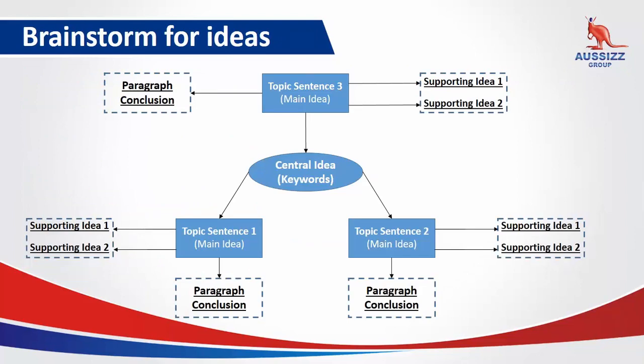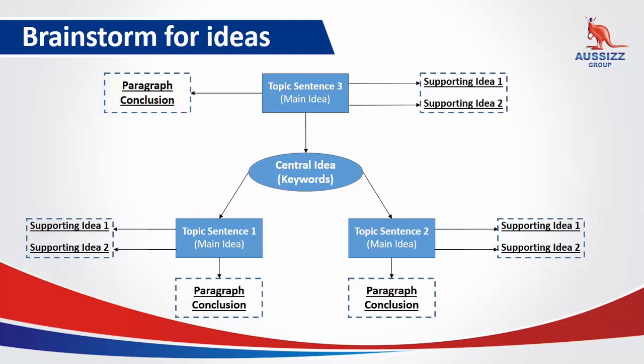Now you need to brainstorm for ideas once you have an opinion on things. So your central idea should be your keywords. So your first topic sentence, as well as the general format of anything, is you will generally have a topic sentence for your paragraph that will explain the main idea for that paragraph.